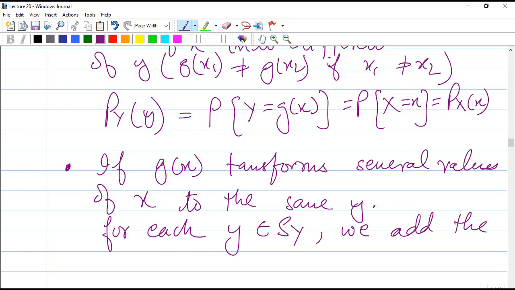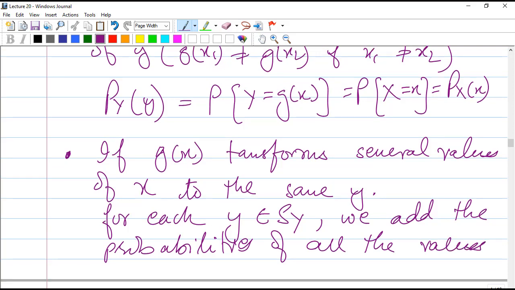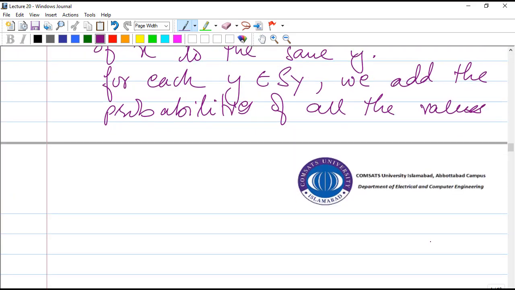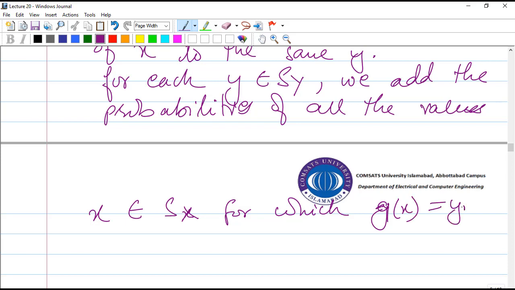It means if x has two different values and they transform into y giving me the same single value, we will have to add the probabilities of all the values x that belong to the range of X for which g of x is equal to y.